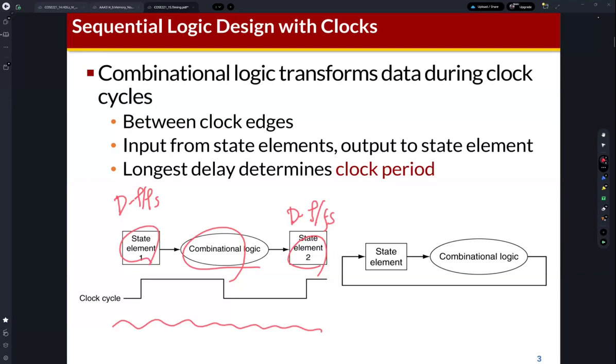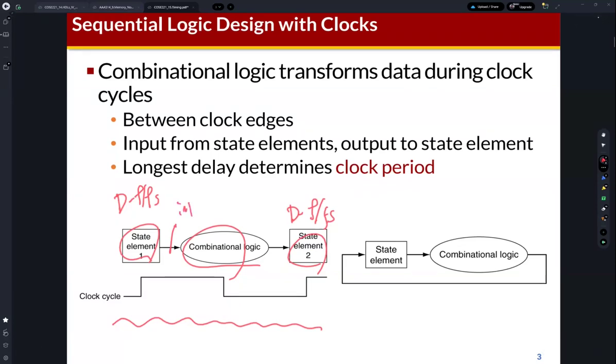This is the input of combinational logic, and the combinational logic generates output after some delay of this circuit. We also learned about propagation delay and contamination delay of combinational logic. Propagation delay is the maximum delay, and contamination delay is the minimum delay of this combinational logic, right?